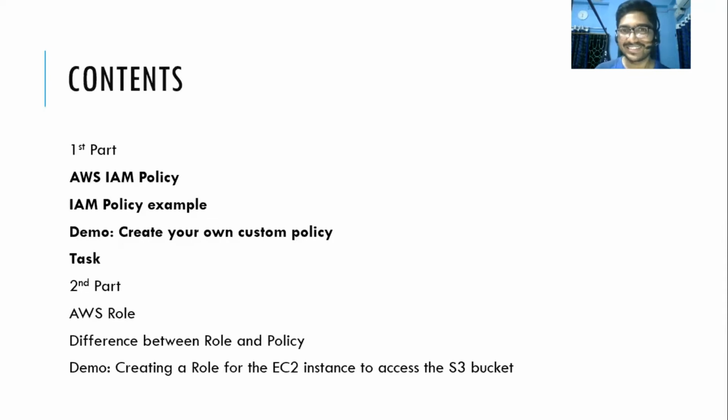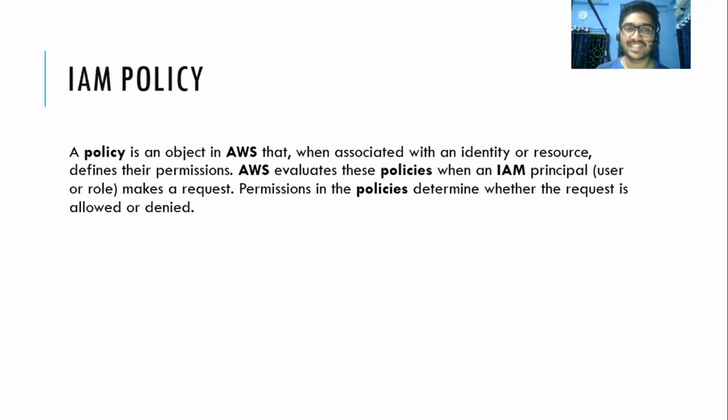So let's get started. An IAM policy is an object in AWS that, when associated with an identity or a resource, defines the permission. A policy is basically a JSON object, so it's written in JSON. What do you mean by associating that JSON to an IAM identity? An IAM identity can be a user, a group, or a role, so the policy can be associated with them.